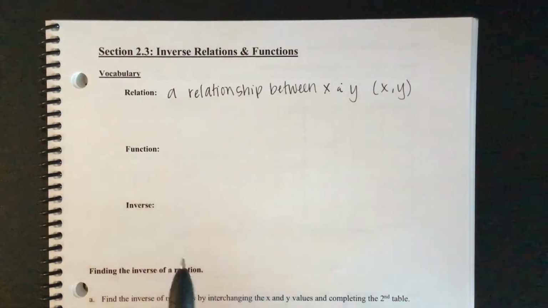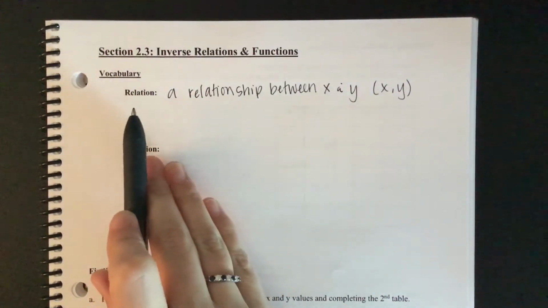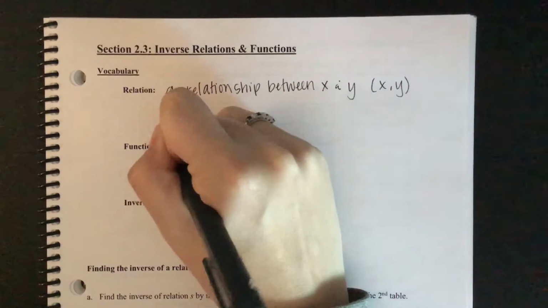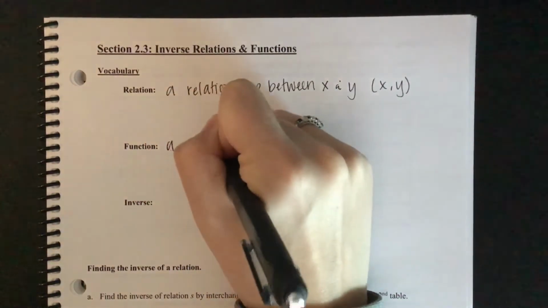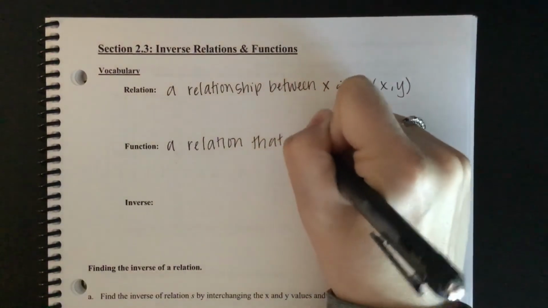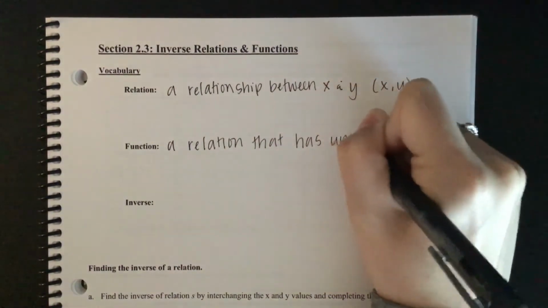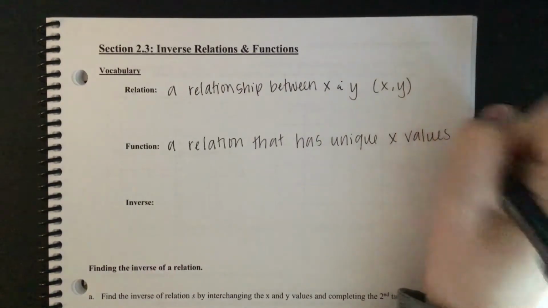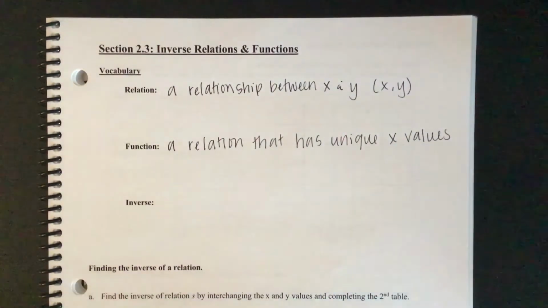A function is when the relation has exactly one x to one y. So a relation that has unique x values. When I say unique, I mean only one of them.